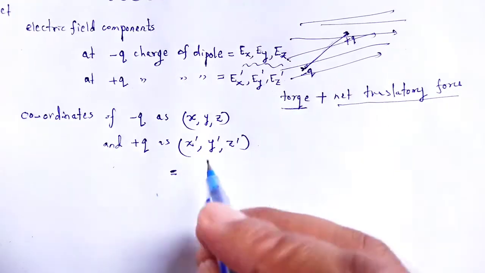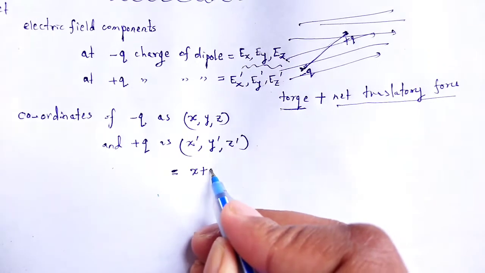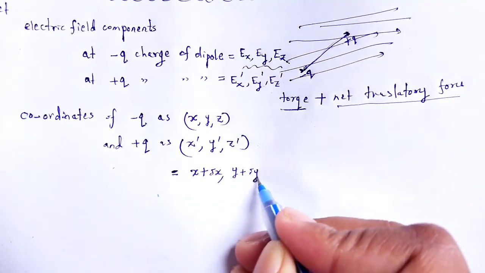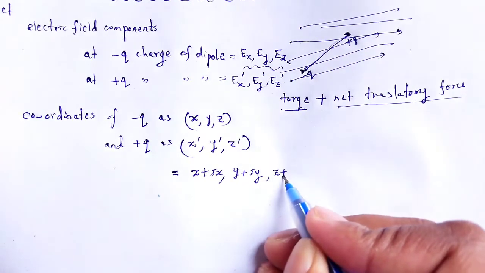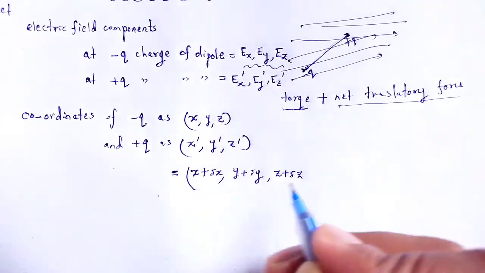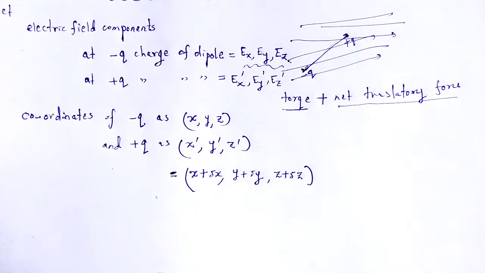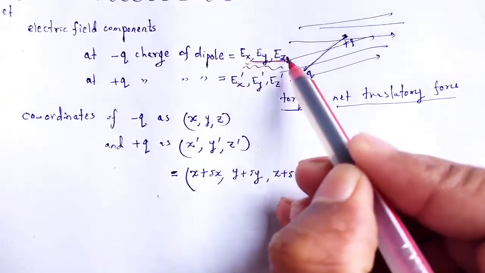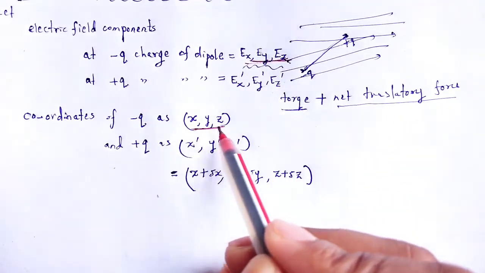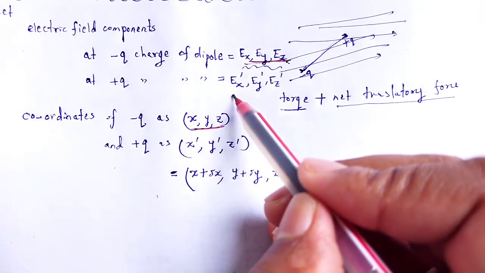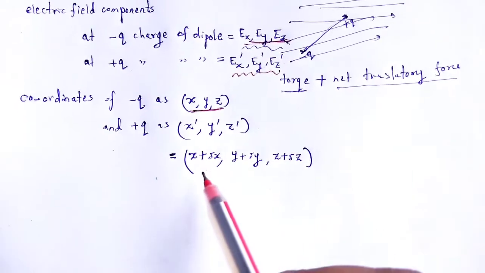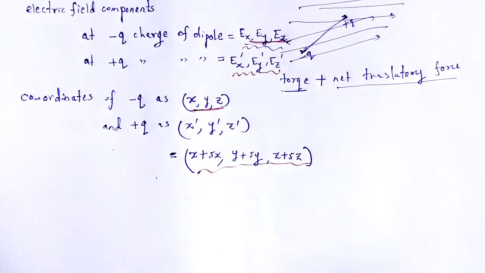That is, the change in x gives x plus delta x, y plus delta y, z plus delta z. This is the components of the electric field and these are the coordinates of the charge, for the plus charge.